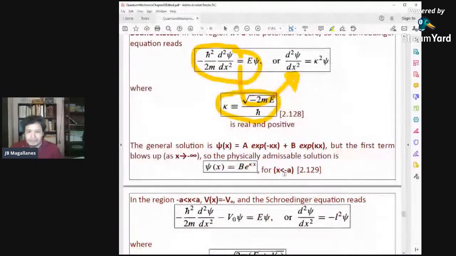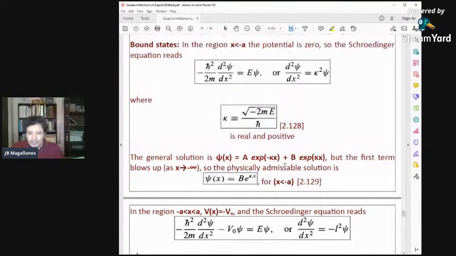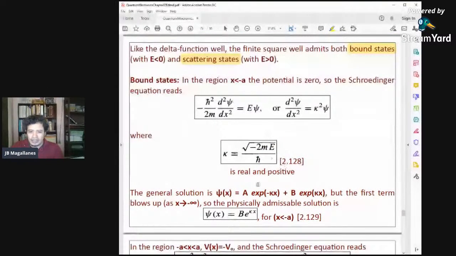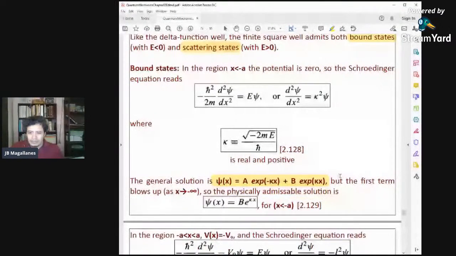So the general solution in this case would be a wave function of this form. The first term here is going to the left direction, so if you go to negative infinity, this will become so large that it will violate the requirements for wave functions.